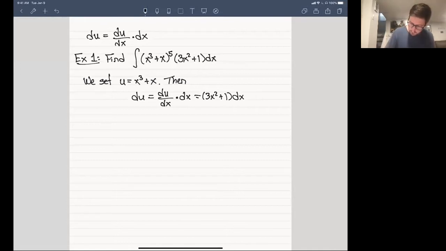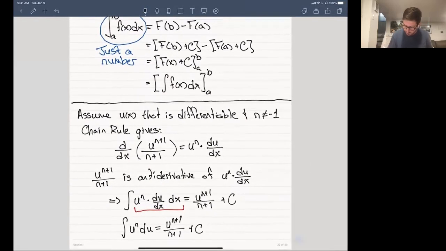Oh, that's interesting though, right? Because look what happened. In my integral, the whole first term became u to the power of 5, and the whole second term, (3x squared plus 1) dx, is going to be replaced with du. So let me just run back to what we saw in the previous piece here.